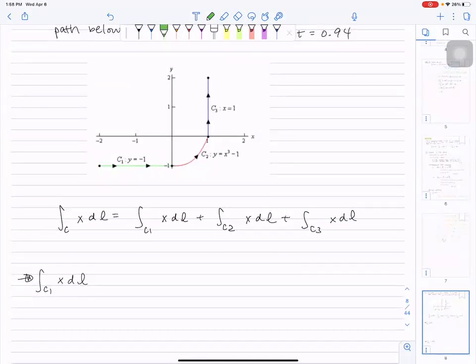Anyone have suggestions? How should I parameterize this line? Y equals -1. This is like -2 here, and this is 1.